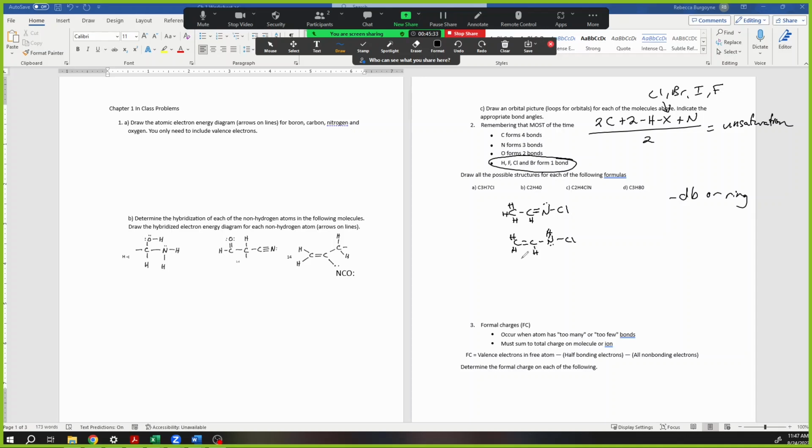Perfect. So where do you want to put the chlorine? Sure. So we'll pick the first carbon for this one.